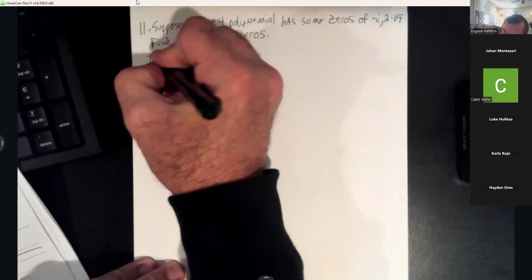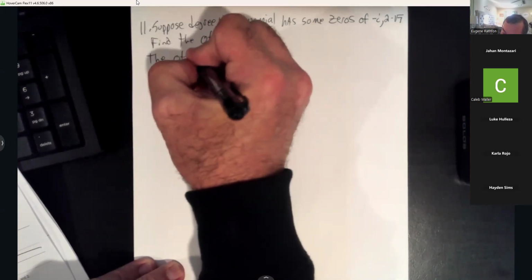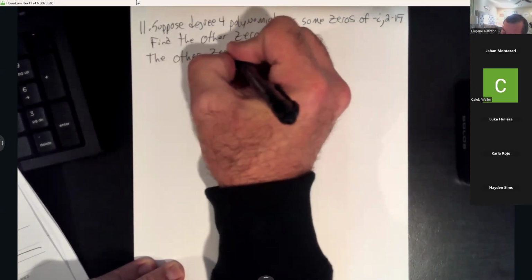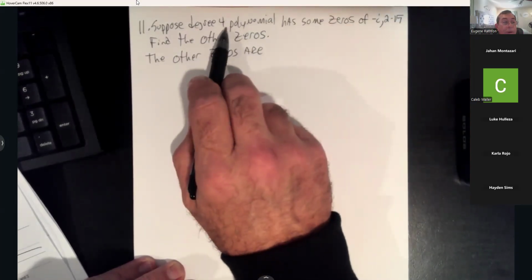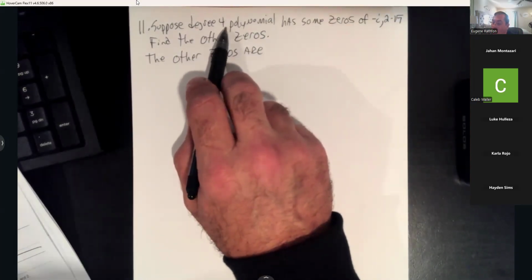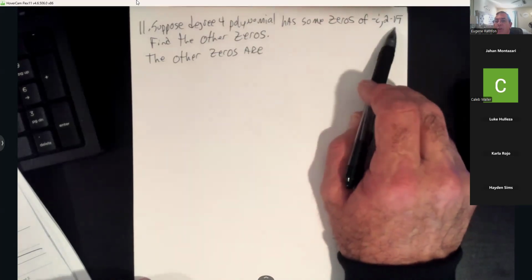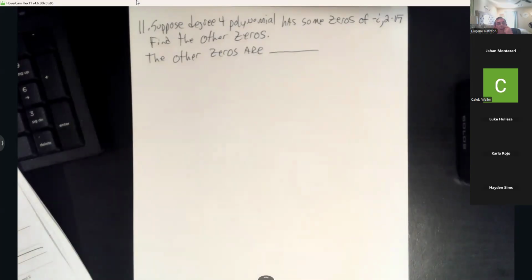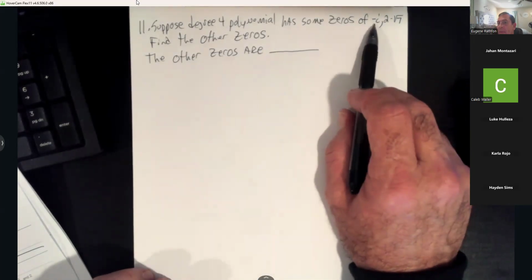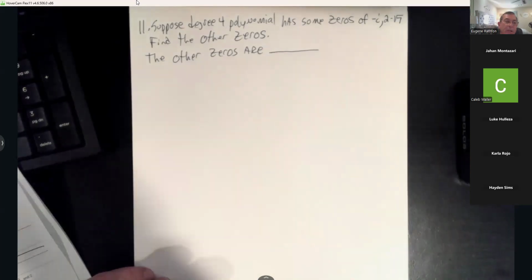All right, y'all. So the other zeros are, now look here, it's a degree 4, so altogether I should have 4. They're giving me 2. So y'all, this is where we wanted y'all to realize that if they gave me imaginary zeros, its conjugate would also be a 0.